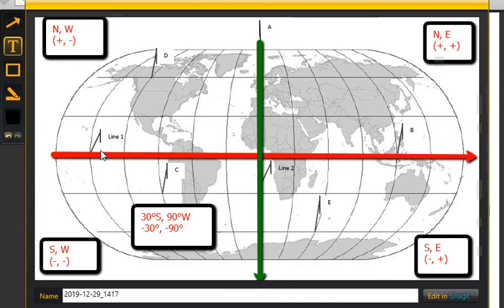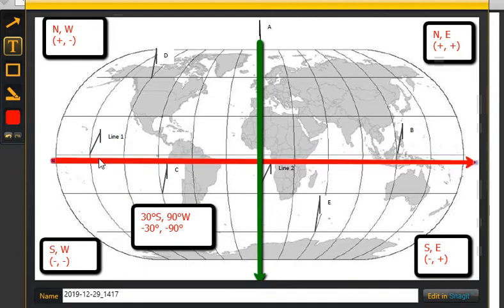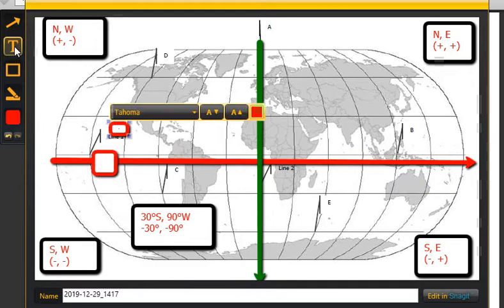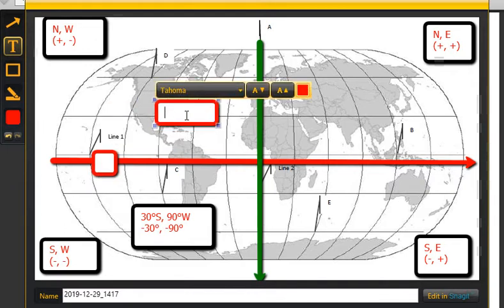The line here would be the equator. If I wanted you to give the location of that point, okay, latitude is first, so this is 0 degrees because it's on the equator, and this is 3, 6, 9, 12, 150, and it's in the western hemisphere, so it's 150 degrees.